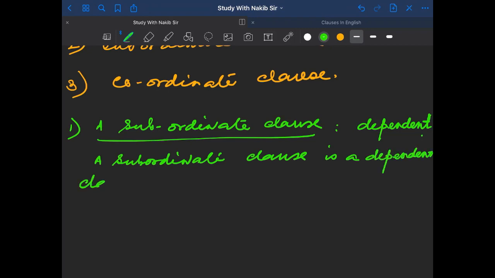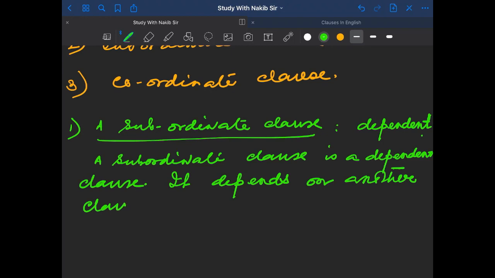Dependent clause. It depends on another clause for its meaning and sense.